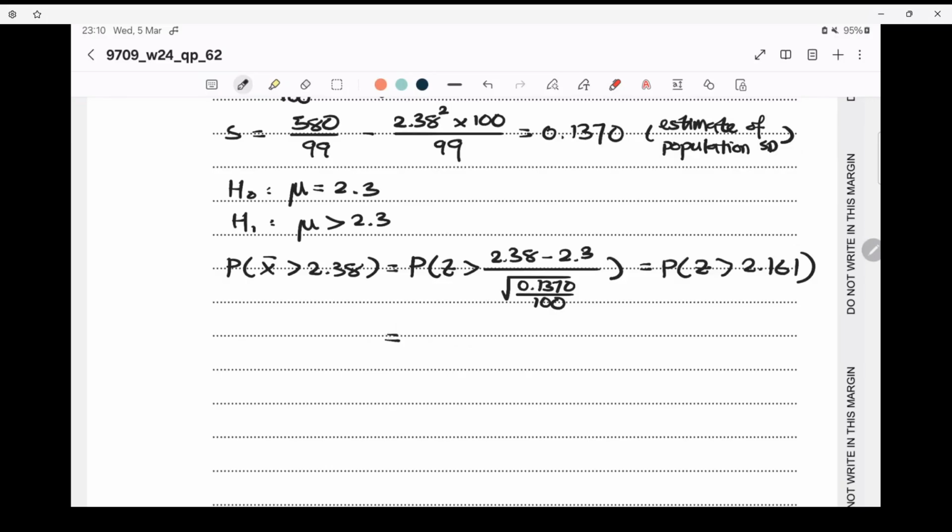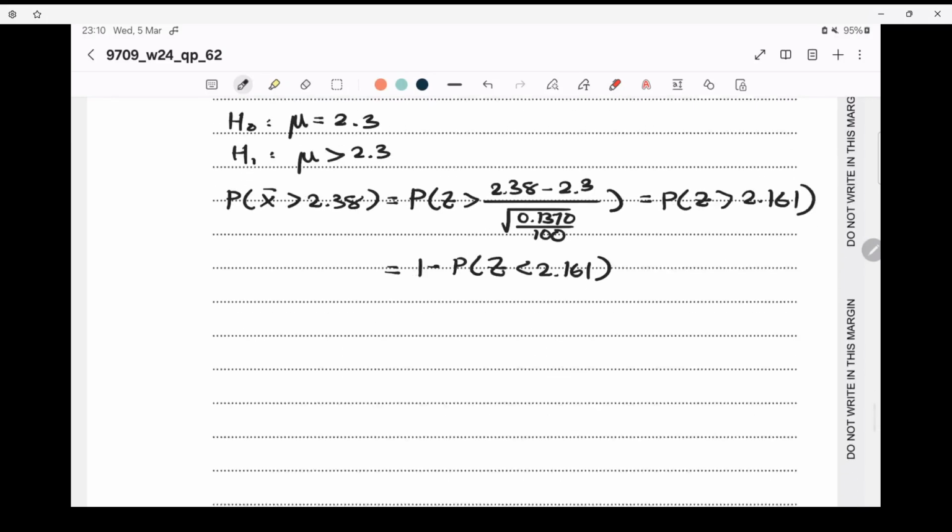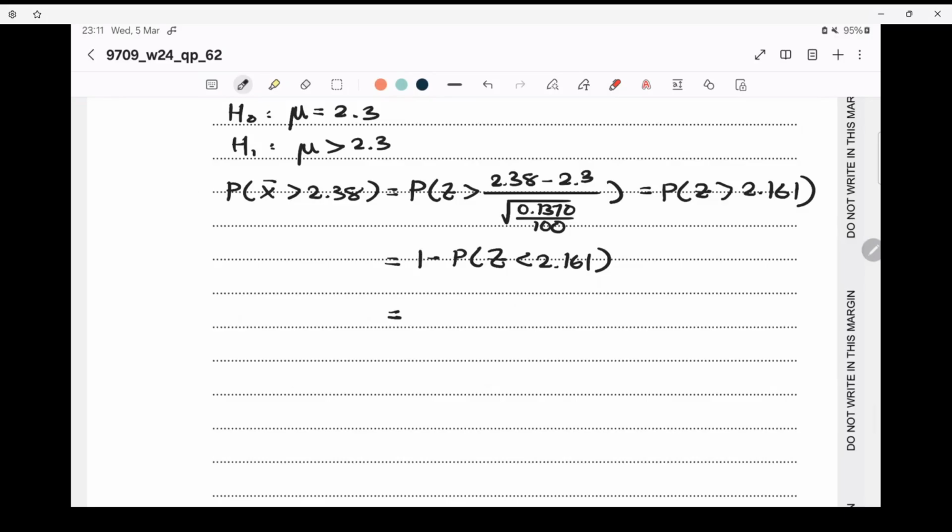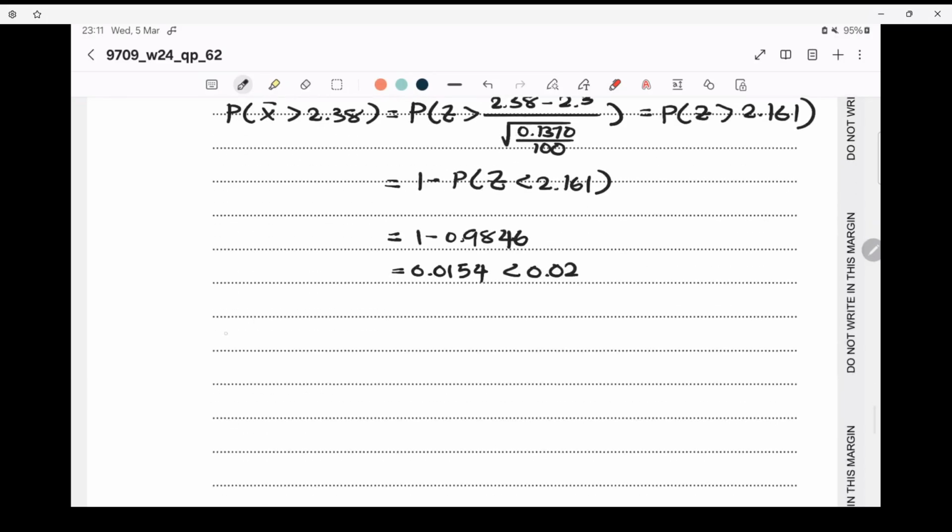Then you need to convert to something that you can read from the table. So this would give you this, and this is less than 0.02. So the conclusion is that there is enough evidence to reject your null hypothesis.